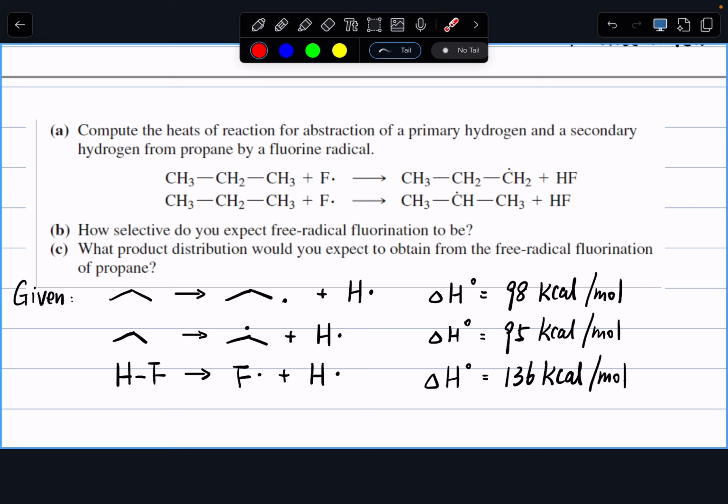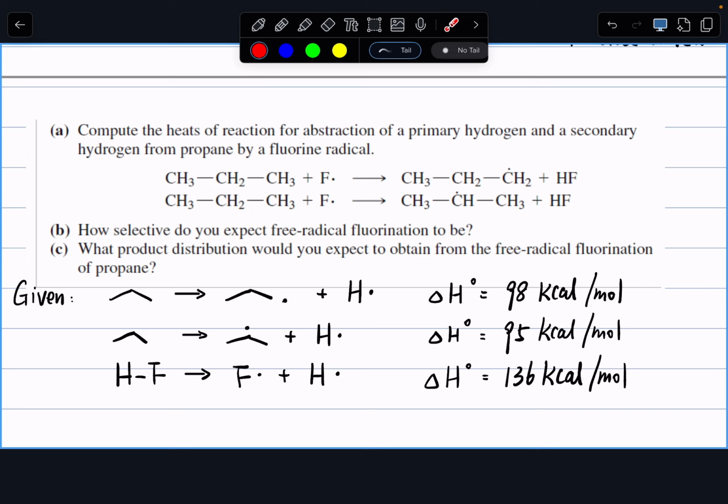Right, so the differences between these two are up to like 38 for my primary and 41 for my secondary.